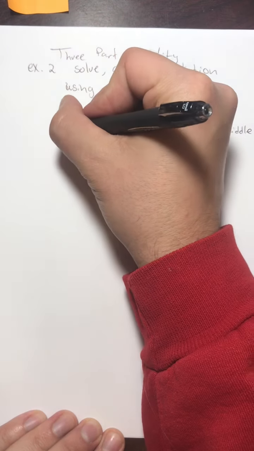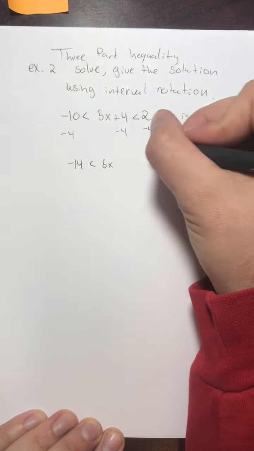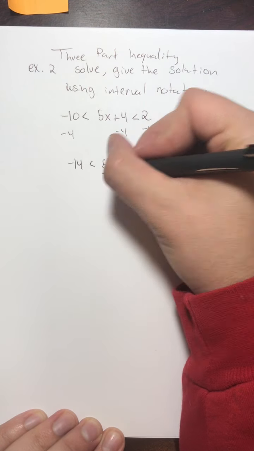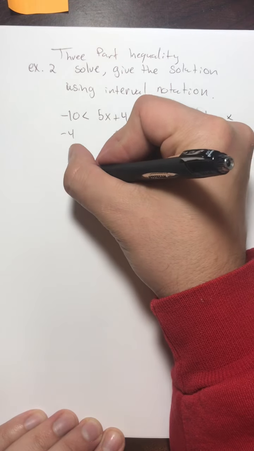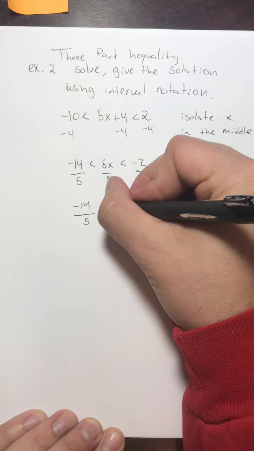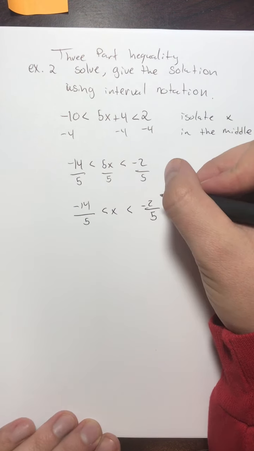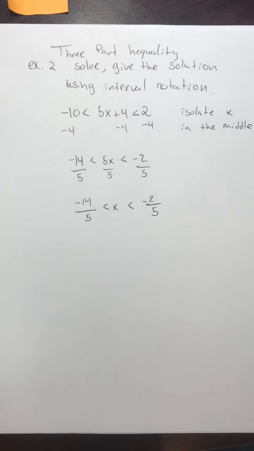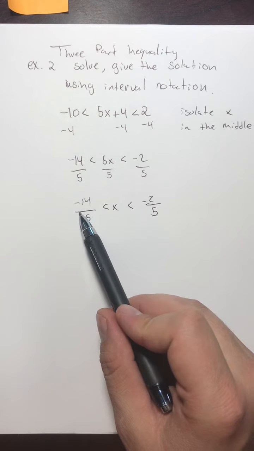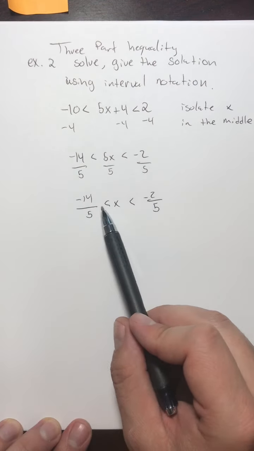So I can subtract 4 to start. Divide everything by 5. And when you have a three-part inequality, do try to keep the statement written from left to right, just like we speak English.